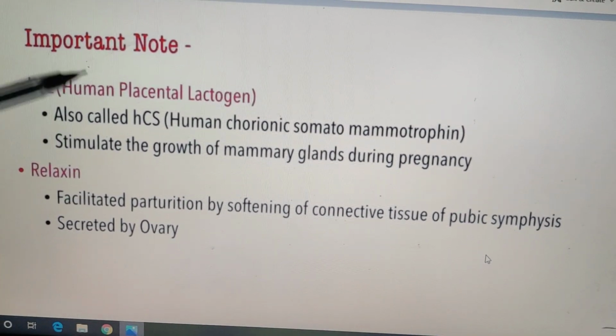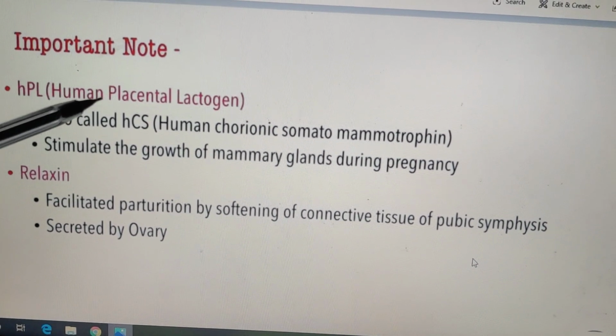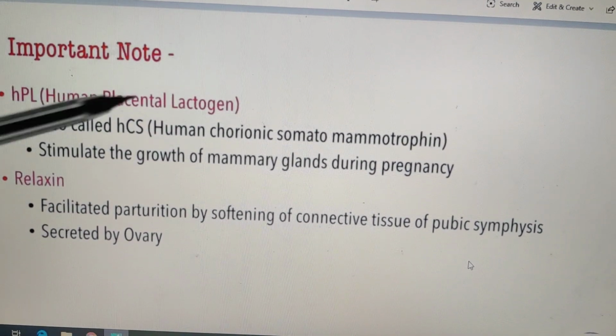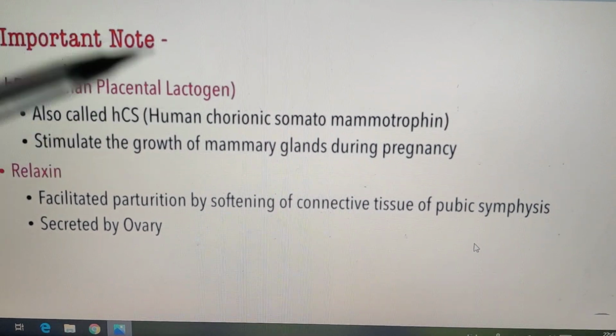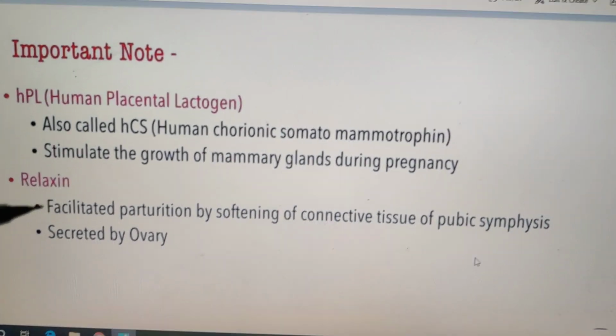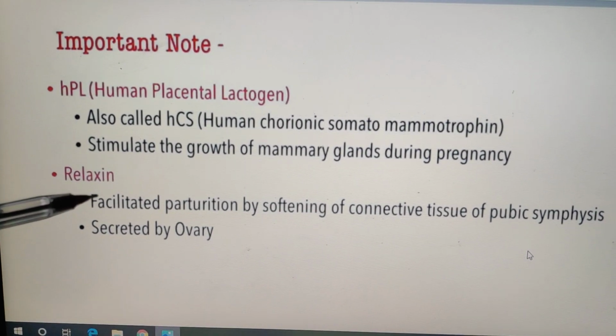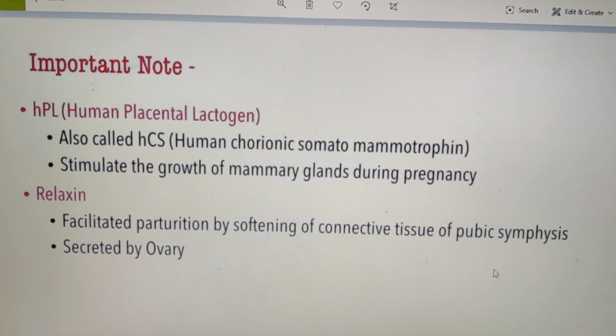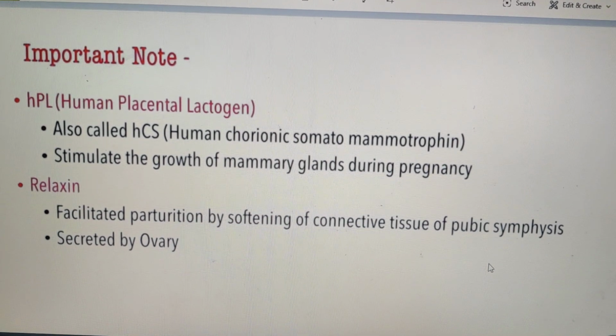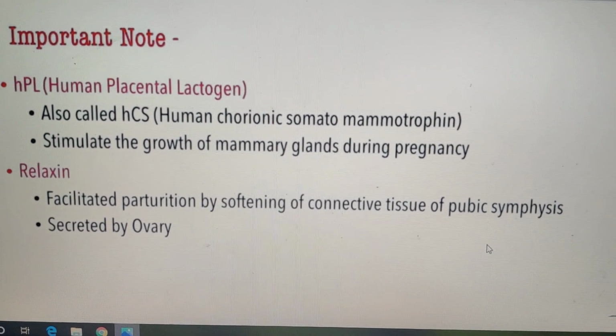Another hormone, HPL, human placental lactogen. It maintains the supply of milk by mammary glands. Next is the relaxin. It provides relaxation of the muscles for the easy parturition.